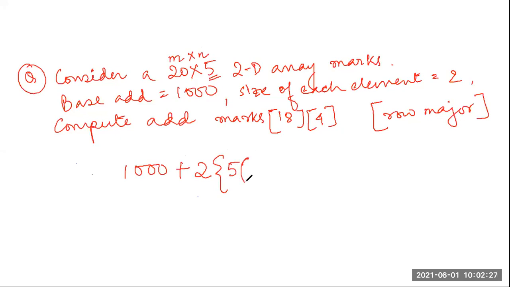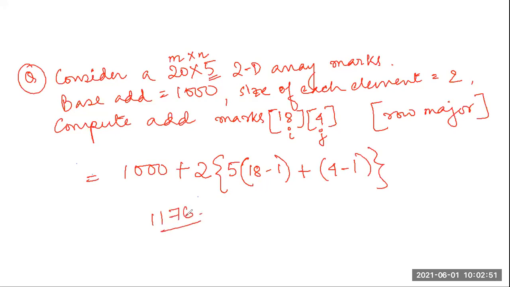Then there is I minus 1, where this is my I and this is my J. So it is (18 minus 1) times 5 plus (4 minus 1). This is the exact formula for this particular element. If I solve this, my answer will be 1176. So yes, Ashish is right, 1176 is the answer.